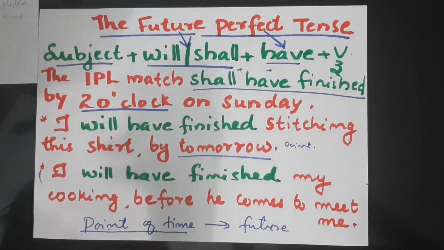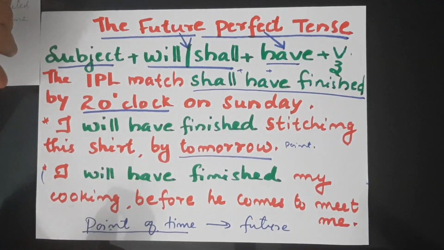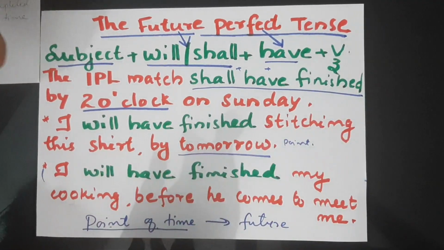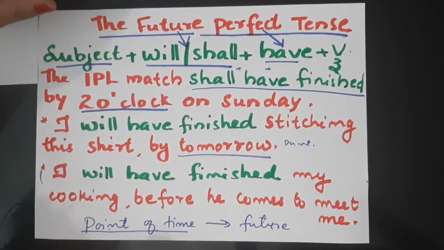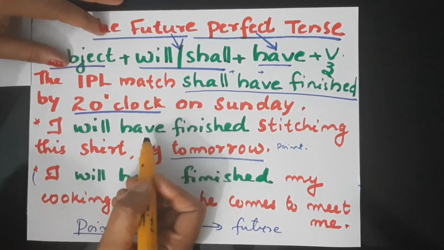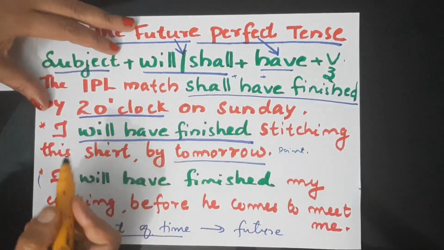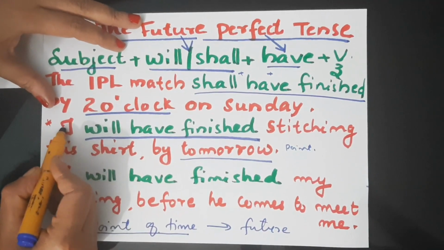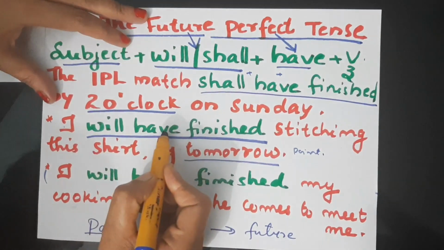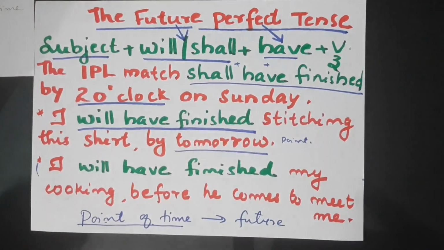One action will get completed in the future, that is, stitching of this shirt. So I will have finished: subject plus will or shall plus have plus V3 form of the verb.